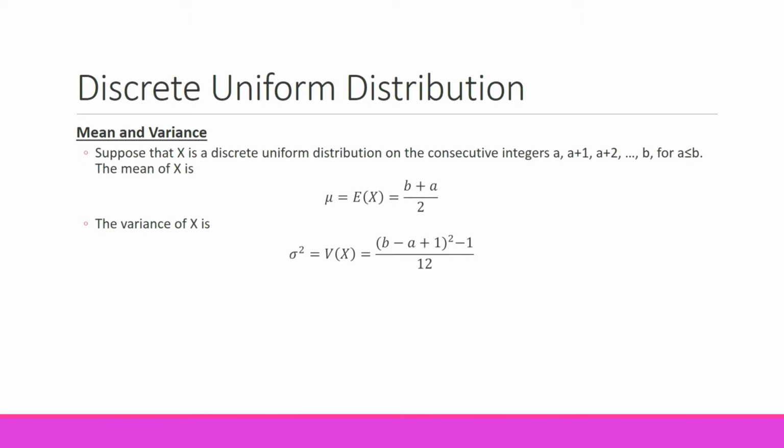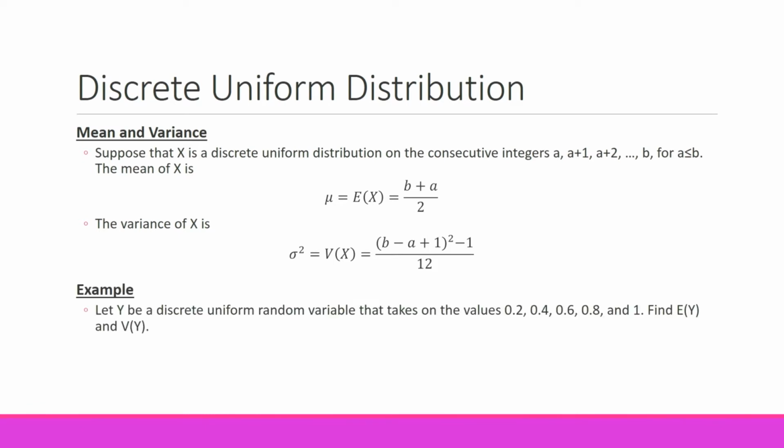Also, the variance of x, so sigma squared of x, is going to be equal to the quantity (b minus a plus 1) squared, minus 1, divided by 12. So let's actually look at putting that into practice.